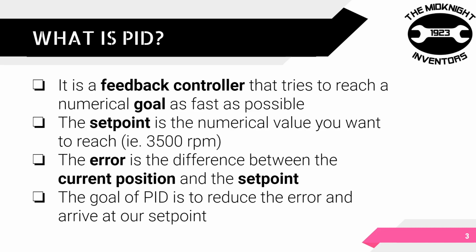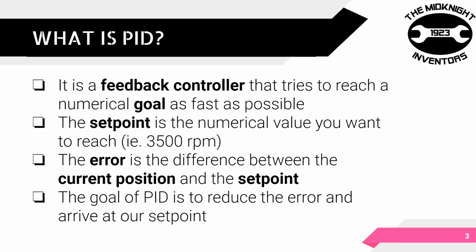So some other terms for PID, the error, which I'll be referencing, is just the difference between what the motor's current position or current velocity is and the set point, or the target, or the goal. And again, the goal of PID is to reduce the error and arrive at our set point.